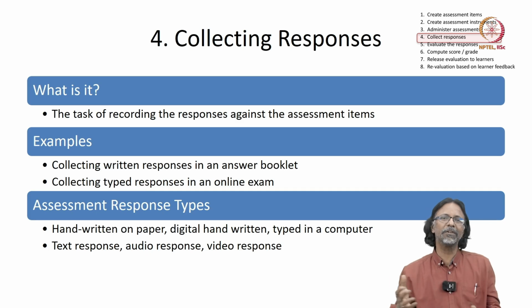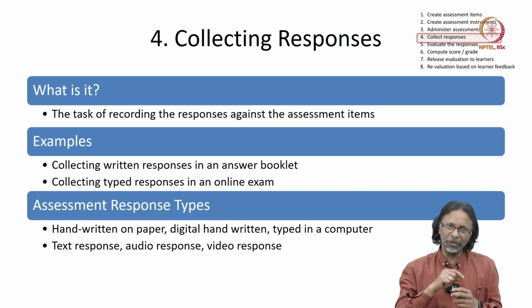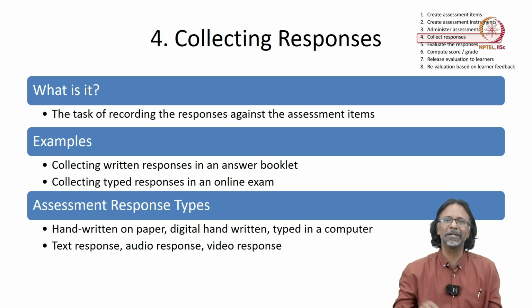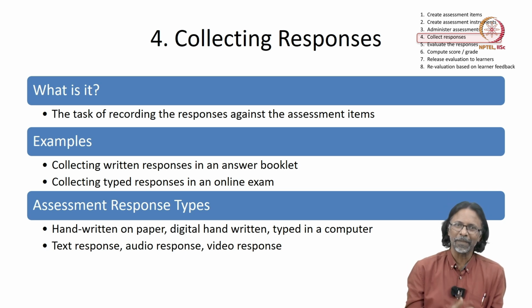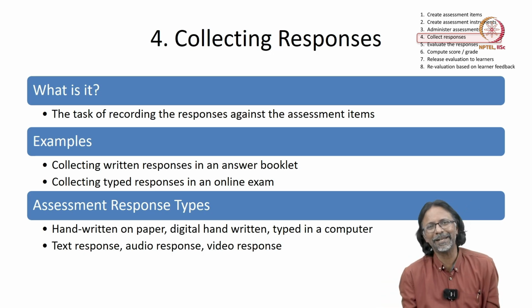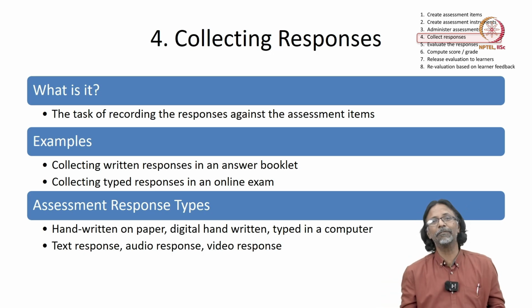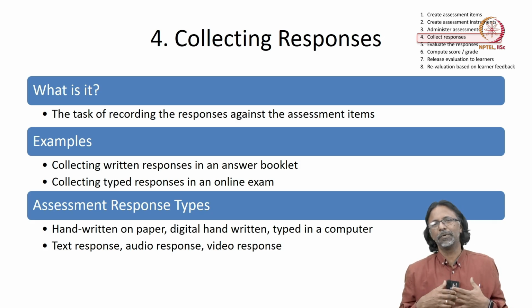So what is the advantage of this particular model? You collect the responses in the answer book itself. The question and the answer book are together, and the advantage is that you give a fixed amount of space for them to write answers. If you expect them to write precise, concise answers, that is a way to do that.